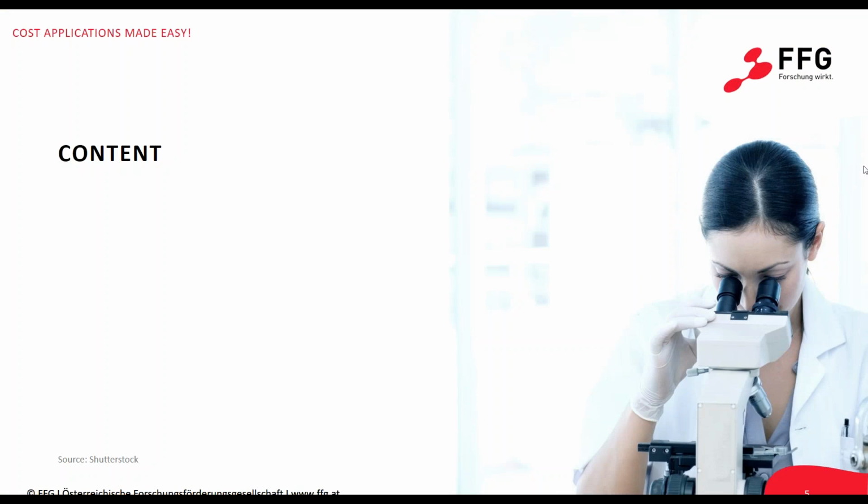Let's have a look at what we are speaking about today. The COST webinar of today is about COST applications. We will talk about your network and how to set up your network, because after all, COST is a networking program. In a second step, how you will write your proposal.